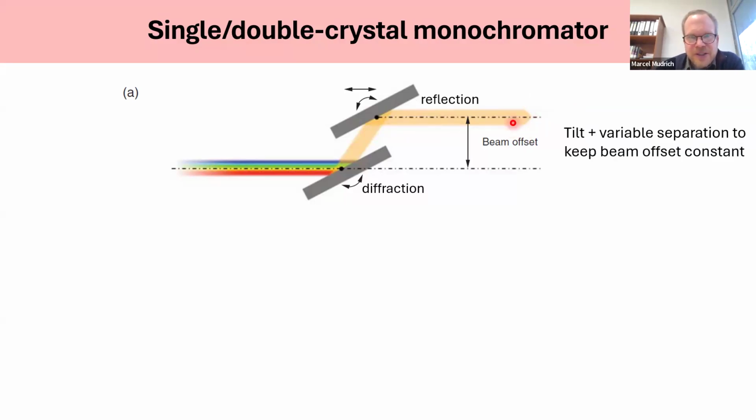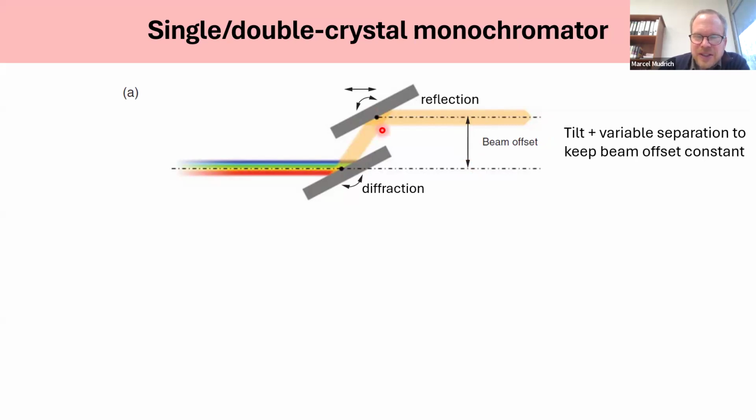And for that, in this arrangement, if we tilt the lower mirror, let's say counterclockwise, then the beam would go further to the left and would be reflected further down from the upper one. But by tilting the upper one in the same sense, we can keep the outgoing beam parallel to the incoming one, and then to even take care of the beam offset, we have to actually move the spacing, the separation between the two mirrors.